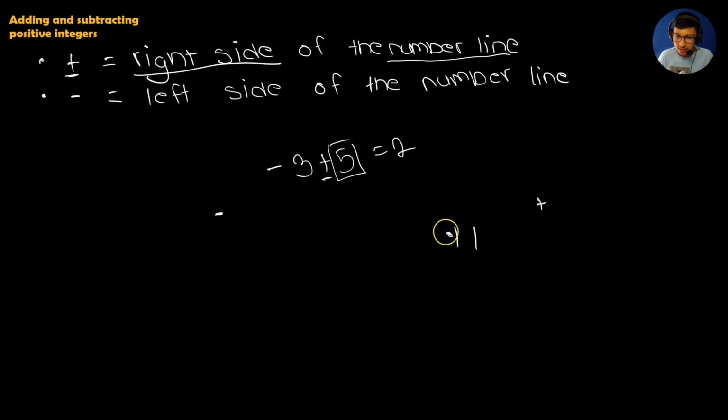Erase all that. I shouldn't have erased the number line. So -11 plus 9. Now let's try it without drawing the number line. Let's try to visualize it in our head.